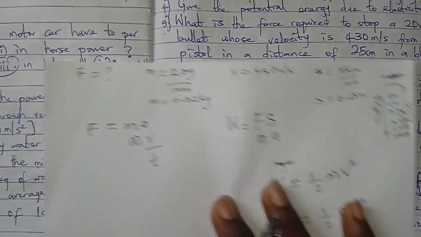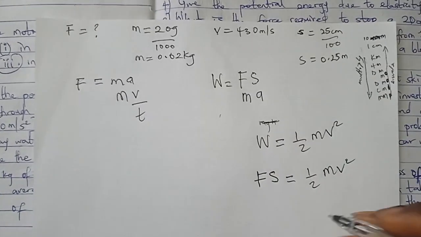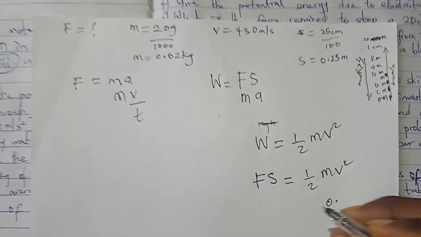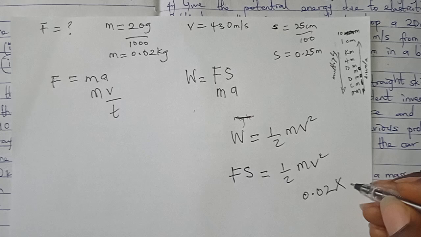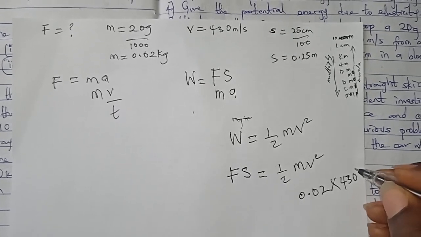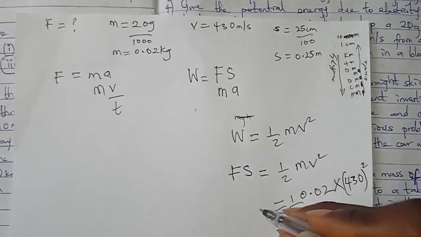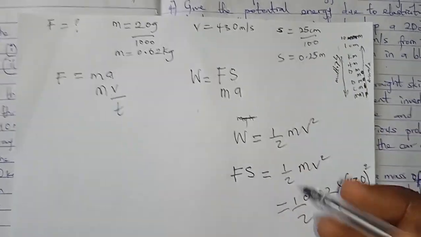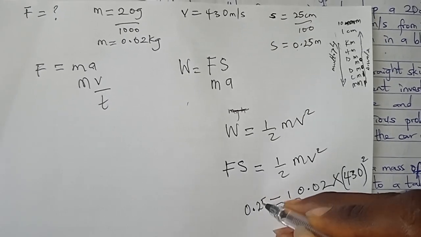So let's check. We are given mass to be 0.02. Then we are given velocity to be 430 meter per second, so 430 square. Then half, and we are given displacement to be 0.25.